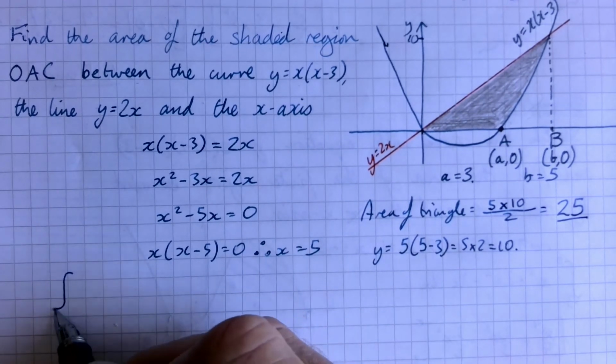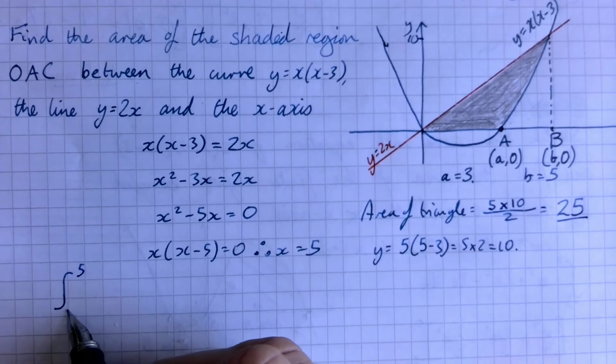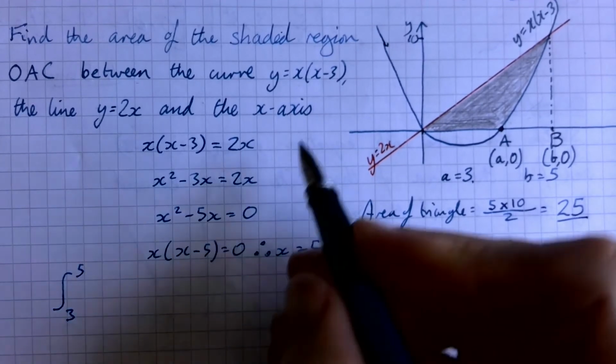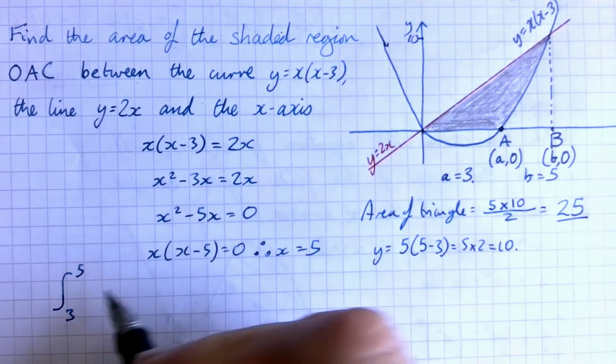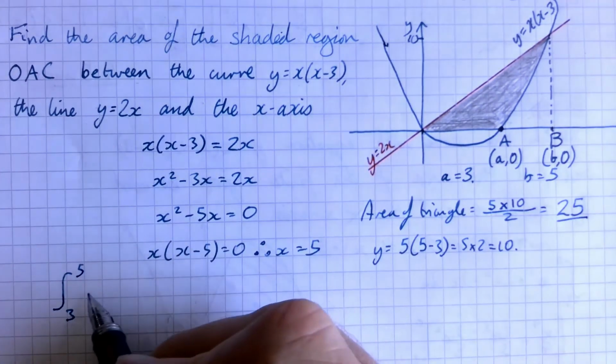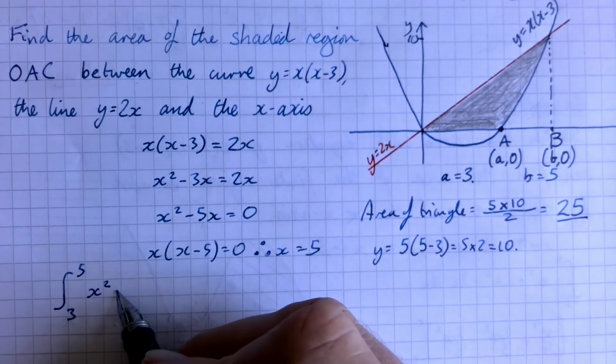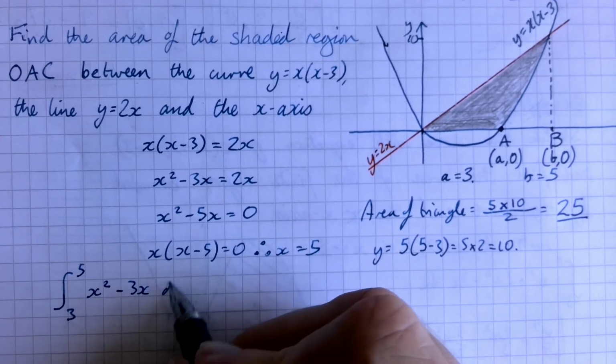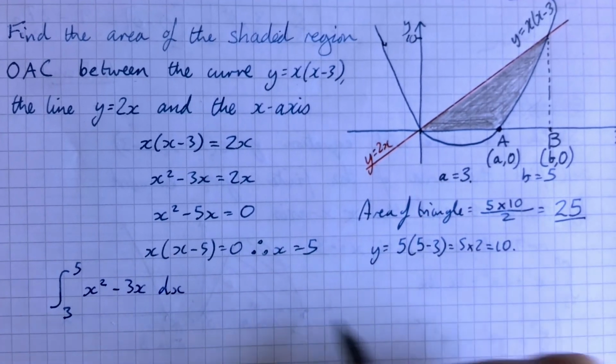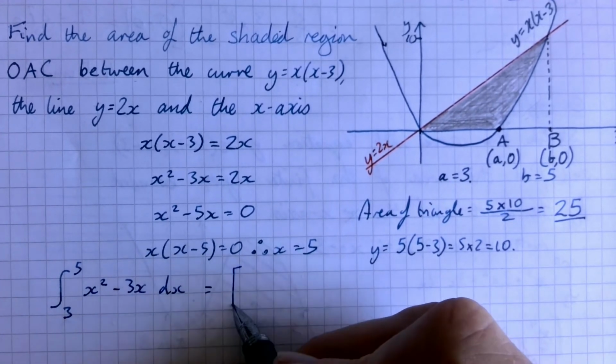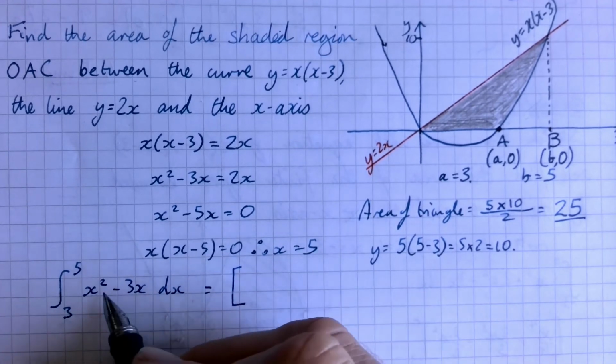So we are integrating between 5 and 3, and what we're going to be integrating is, if I just expand that now, x squared take 3x dx, and that is going to be equal to, get a nice square bracket out, let's integrate that now.